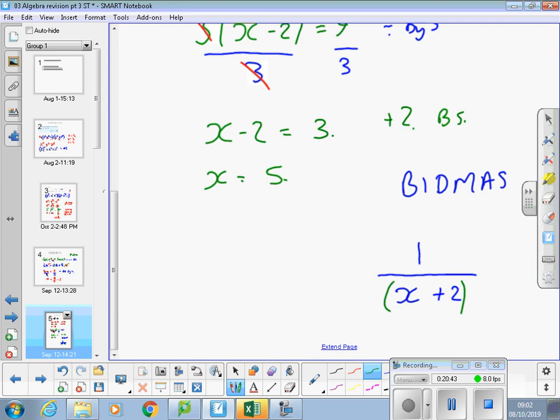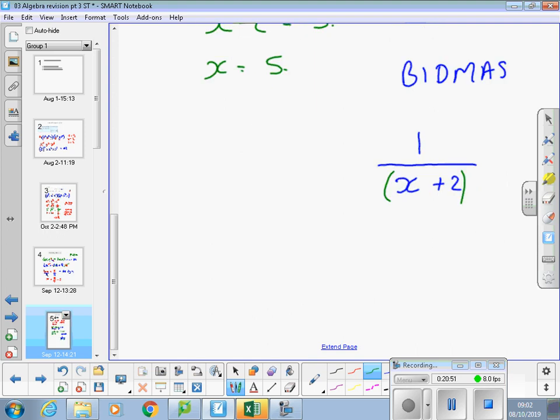Sometimes I put them in just to clarify that there's a bracket around that term. Same as if there's a term inside a square root. It is x plus 2 all square rooted, because that line is over all of it. Okay. Can I move on?